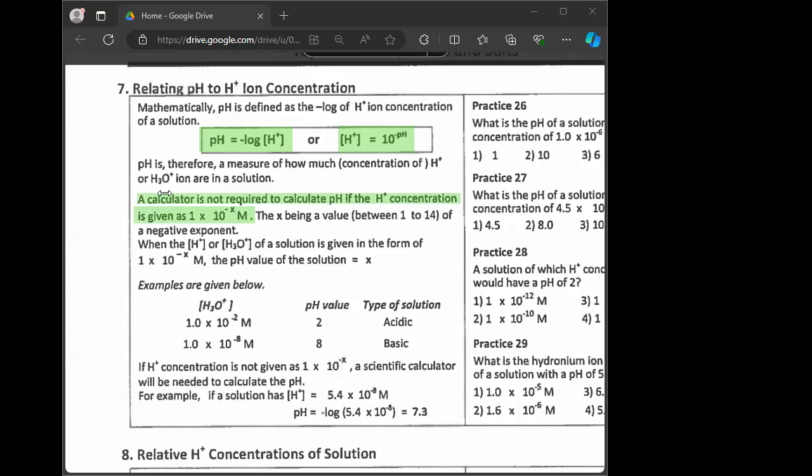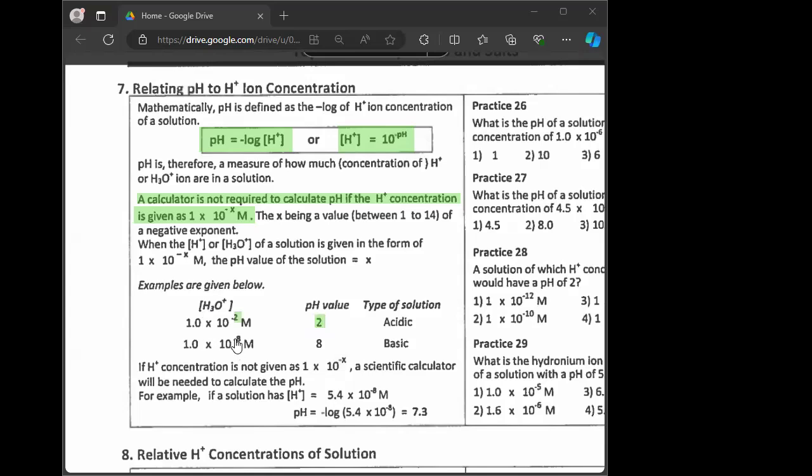Then the pH is just equal to the exponent. So for example, 1 times 10 to the negative 2, the pH is just equal to 2. That's it.